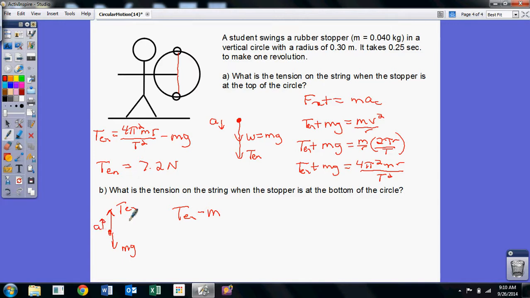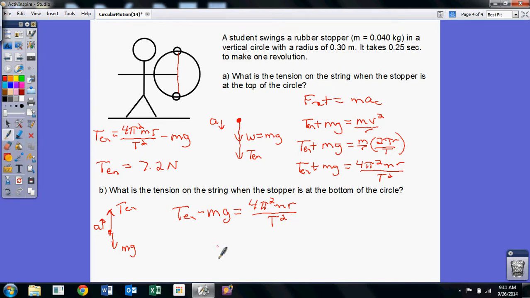So the tension force is going to be considered the positive direction, and the weight force is going to be considered the negative direction. So the tension force minus mg is going to equal this stuff on the other side, which I'll just write as 4 pi squared m times the radius over the period squared.